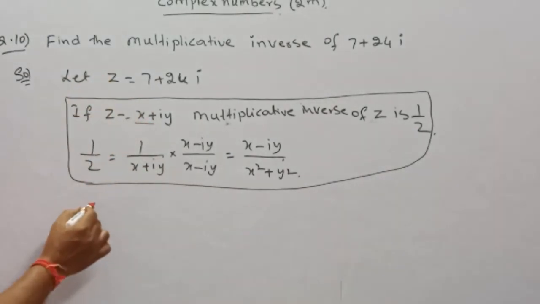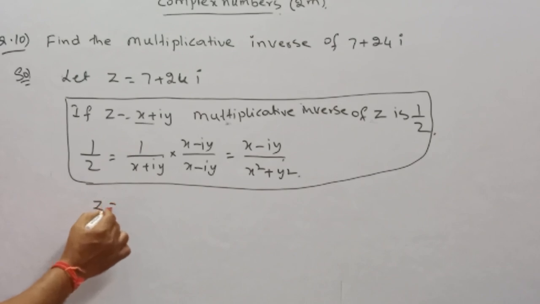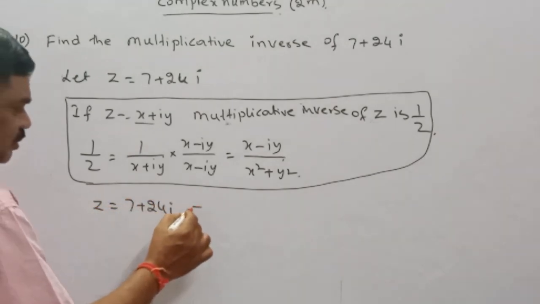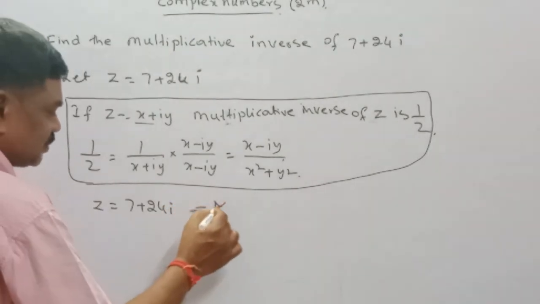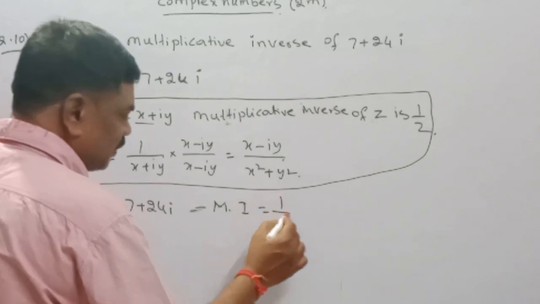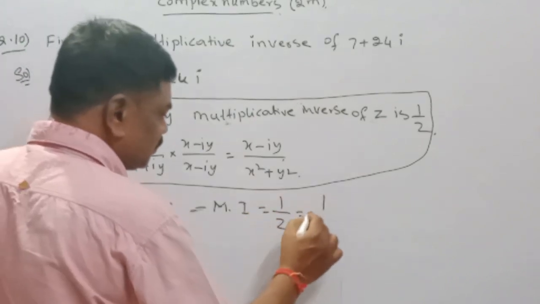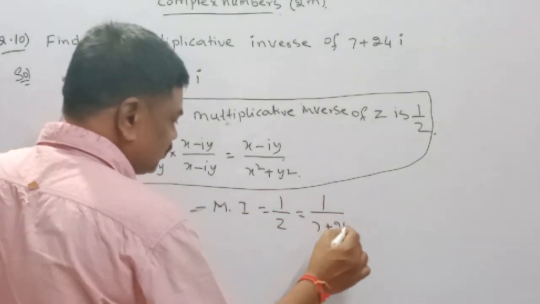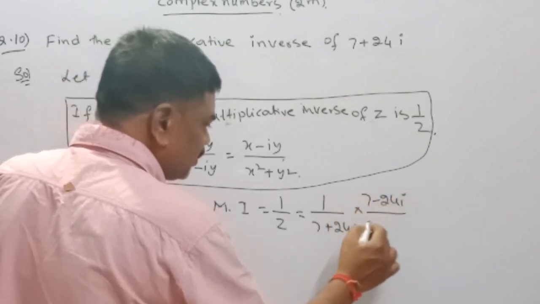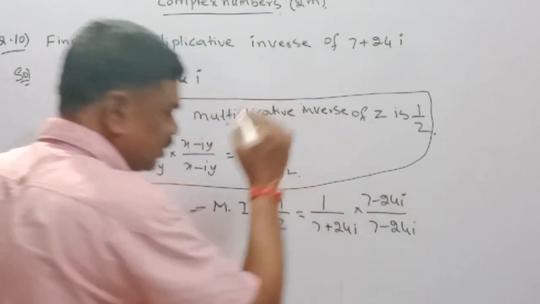So here z is equal to 7 plus 24i. Then what is the multiplicative inverse? Multiplicative inverse is equal to 1 by z is equal to 1 by 7 plus 24i into 7 minus 24i by 7 minus 24i.